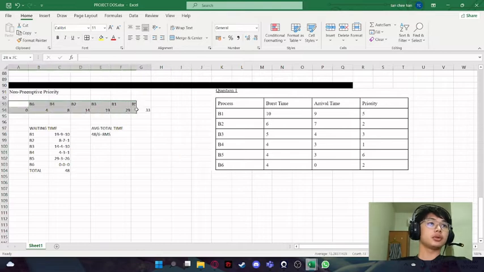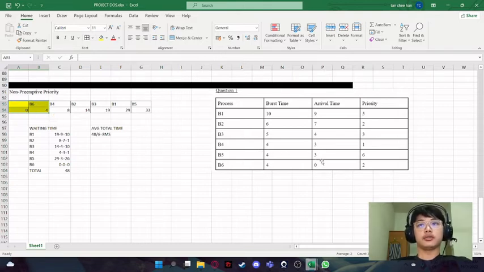So we look at this here, start from B6 at 0, run until finish, 0 to 4, and then we need to choose the next process. Before the 4th second there are 3 processes, B3 until B5. B4 has the highest priority because it is 1, so run B4 directly until finish.